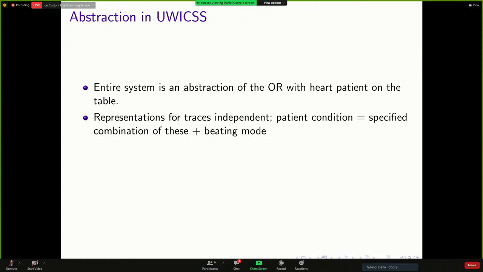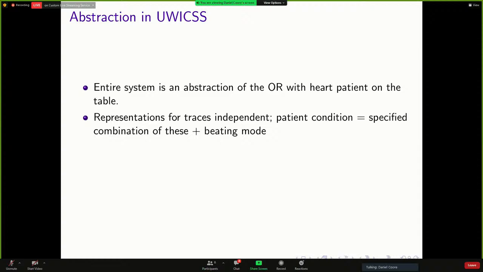In the first instance, when I was trying to work with Paul on developing the ability for the computer to produce the range of modes that he needed, I didn't know very much about heart surgery. In fact, I knew very little biology. I didn't even know the anatomy of the heart at the time. But what he would need was a range of possible behaviors that the simulated patient could demonstrate or reflect.